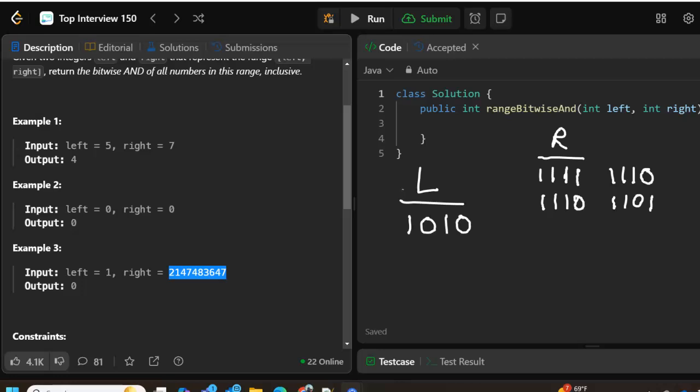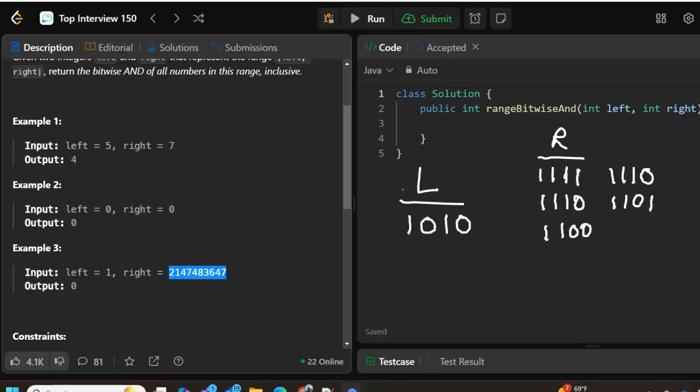Now, if we AND these numbers together, what we're trying to get to is a number that is not in the range, a number that is less than or equal to left. So if we AND 14 and 13, we're going to get 1, 1, 0, 0.